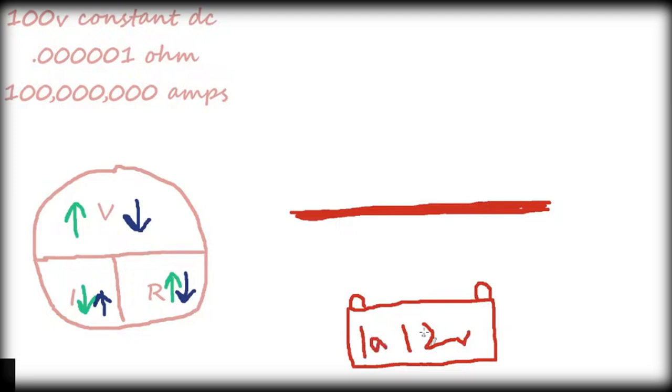Okay, although this superconductor can handle 100 million amps, it's not going to have those amps when you connect this battery. It's just going to be 1 amp going through that superconductor.